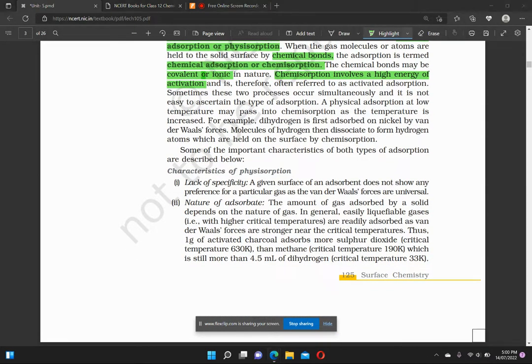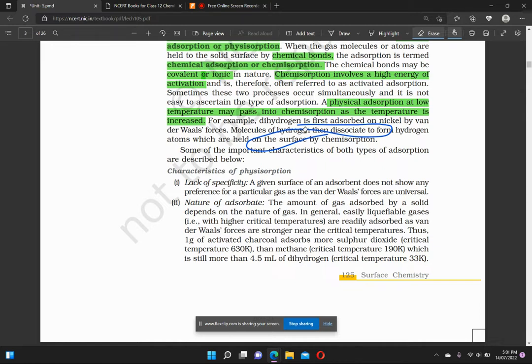Okay, so the next point is that physical adsorption at low temperature may pass into chemisorption as the temperature is increased. Here they give an example.